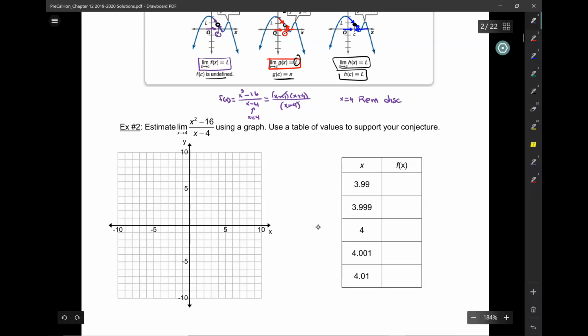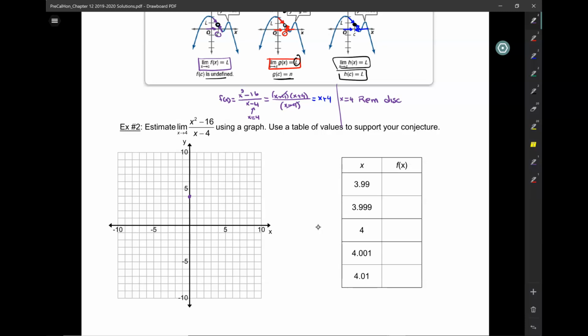Okay, and what did my function reduce to? Just x plus 4. So when you graph this, it's going to be just the graph of x plus 4. So let's just graph x plus 4 here. 1, 2, 3, x plus 4, yes, that's the y-intercept. And then the slope is 1, so you go up 1 over 1.